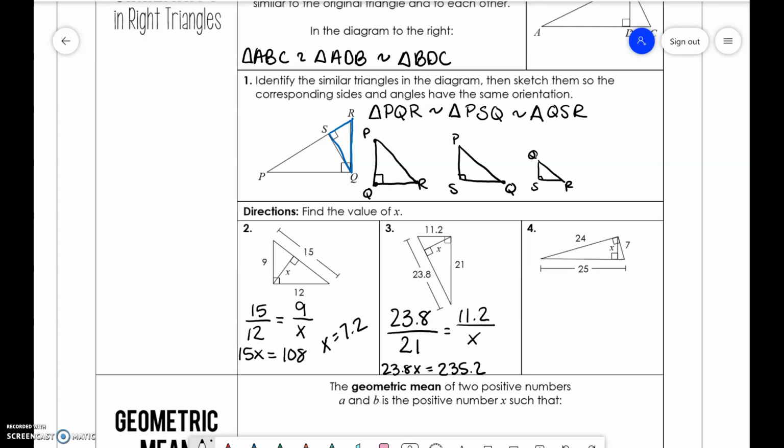Divide that by 23.8 and you get x is equal to 9.9. And the last one, we have the hypotenuse, so do 25 over 24, then we have 7 over x. So 25x is equal to 168, divided by 25. x is equal to 6.7. Okay.